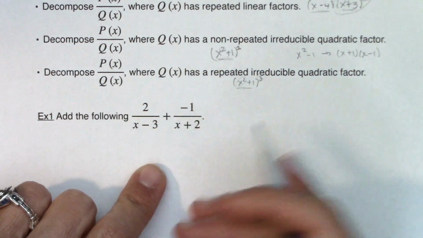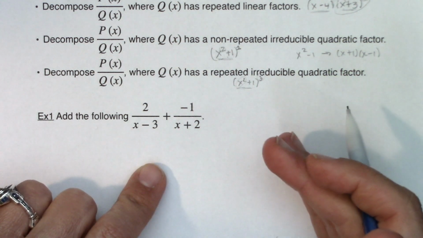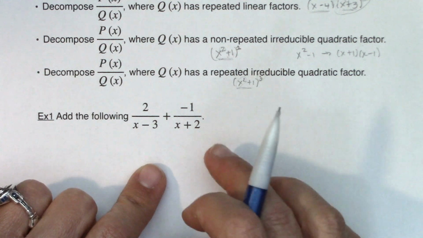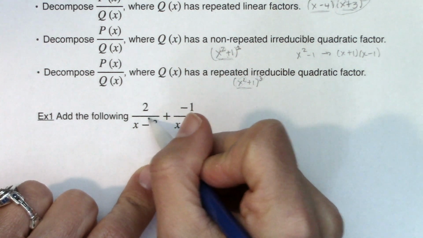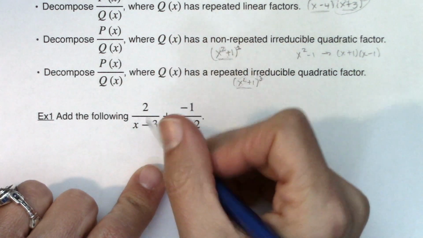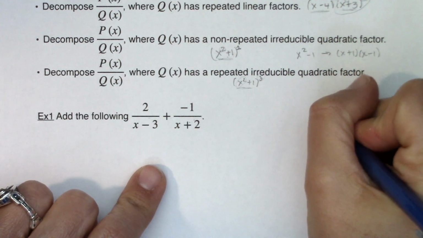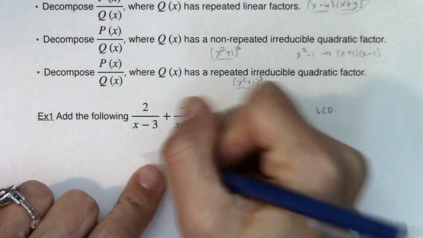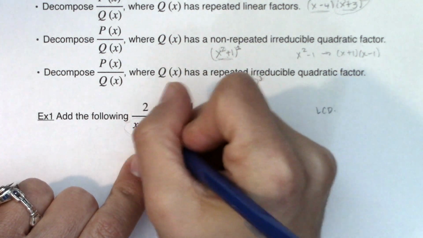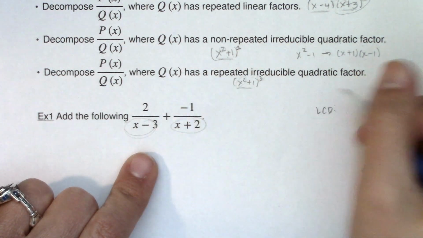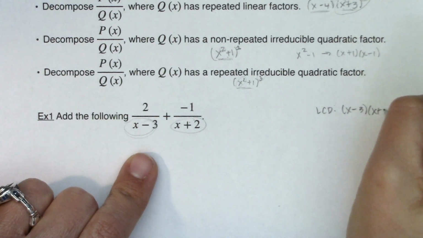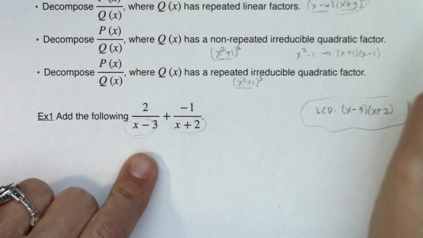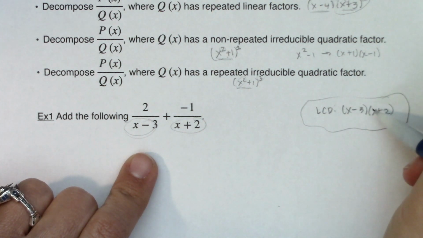And this LCD concept is going to come into play in example 1, and then also when we start looking at partial fractions. So if I look at these 2 fractions, I want to add them, I have to have common denominators. So my least common denominator in this case will be combining this first fraction's denominator and this second fraction's denominator. So I'll take x minus 3, x plus 2, and I'll keep that in mind as my LCD.